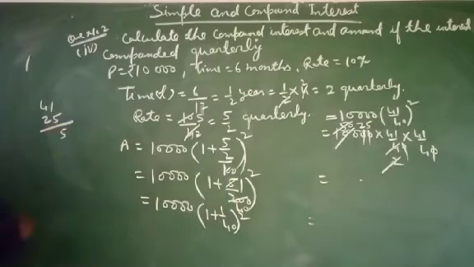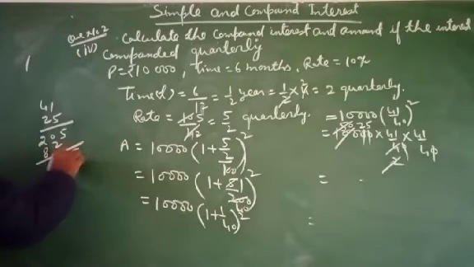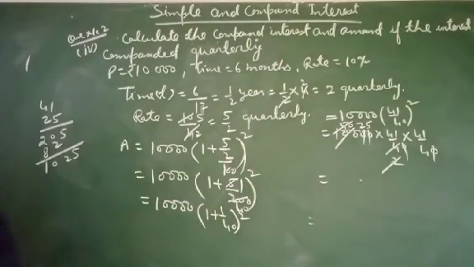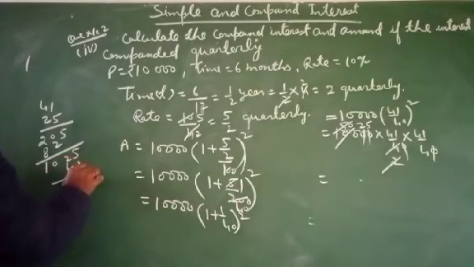5 ones are 5, 5 fours are 20, 2 ones are 2 and 2 fours are 8. 5, 2, 8 plus 2, 10. Now I will also multiply 41. 1 five is 5, 1 two is 2, 0, 1.